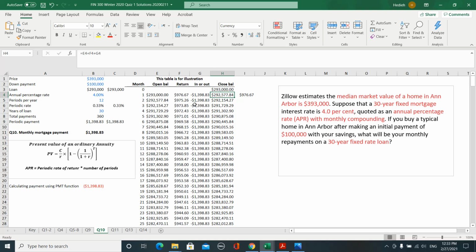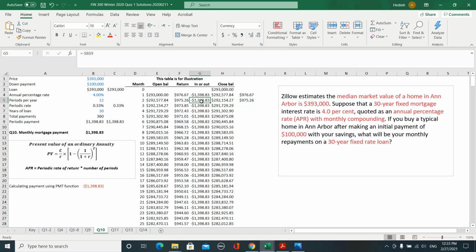You can continue in the same way. So your opening balance in period 2 is exactly your closing balance in period 1. And you can calculate the interest payment for period 2 very easily by multiplying your opening balance by your monthly interest rate.